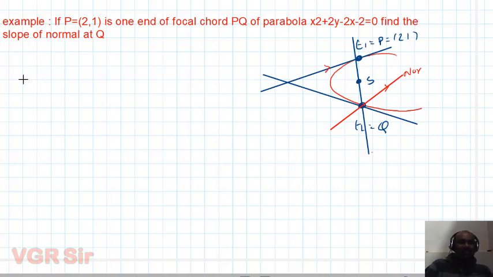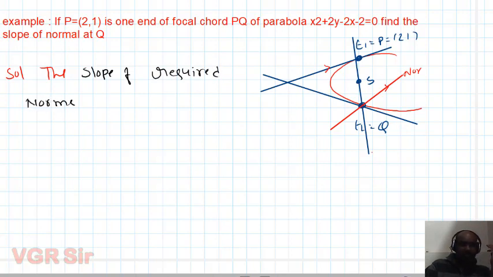I will write: the slope of the required normal at Q is equal to the slope of the tangent at T1, at P.